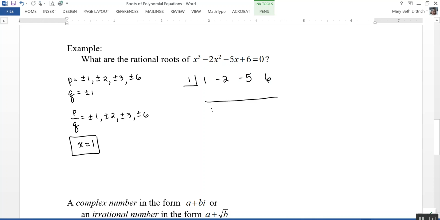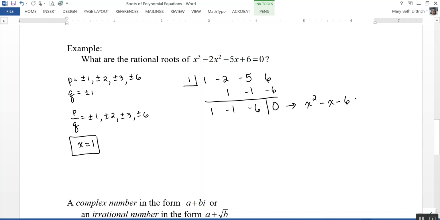Bring down my leading coefficient. 1 times 1 is 1. Add those. 1 times negative 1 is negative 1. Add those. 1 times negative 6 is negative 6. That gives me a remainder of 0. So that means that this turns into x squared minus x minus 6.